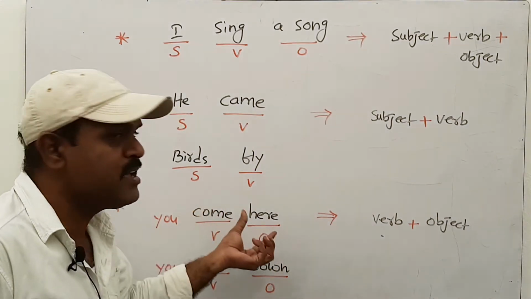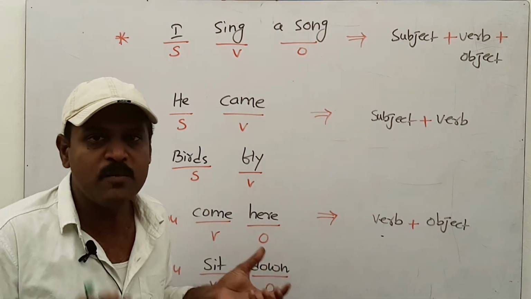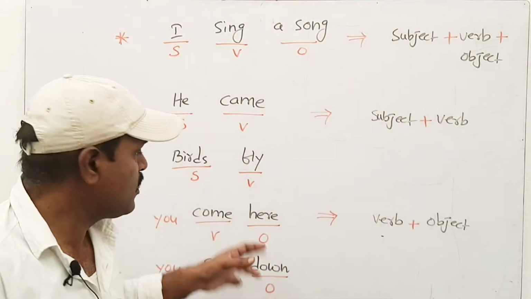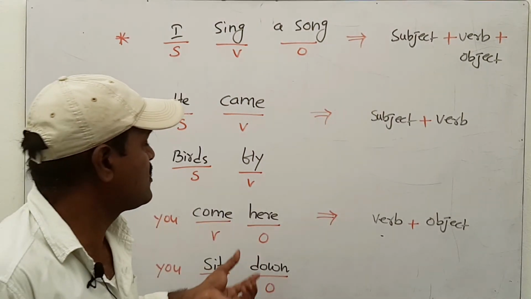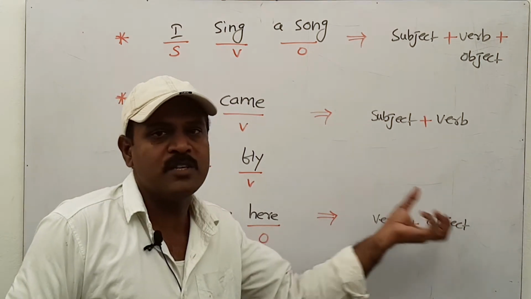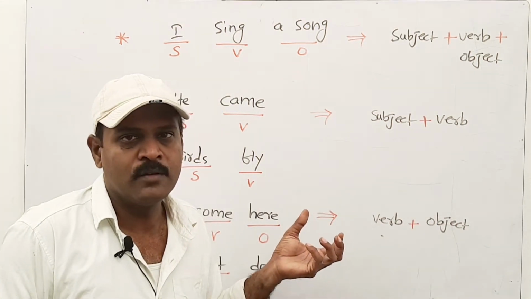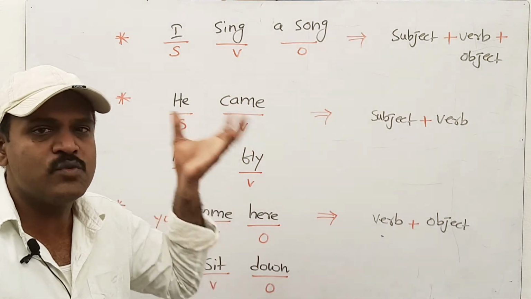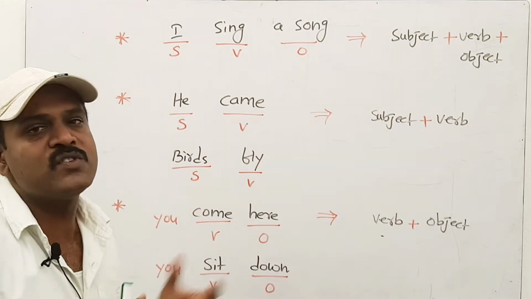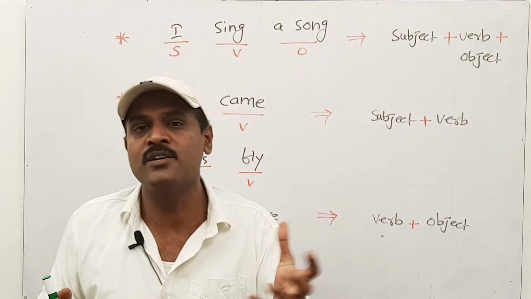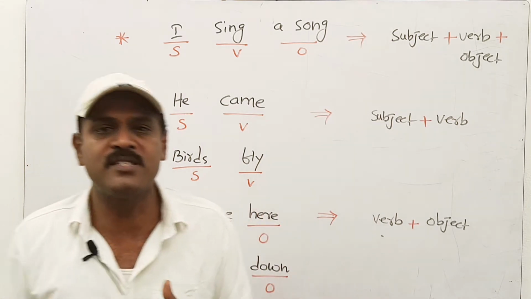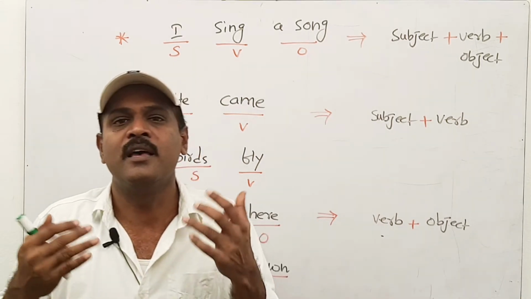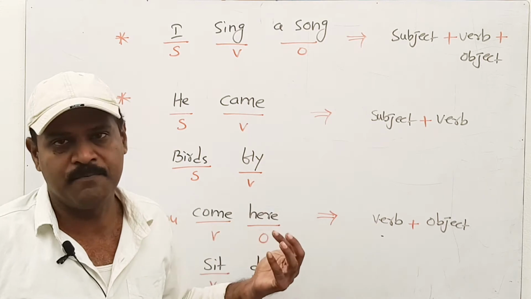That means come here means you come here. Sit down means you sit down. So in this way we can see the structure is verb plus object. Most of the sentences you can see in these kinds of structures. But actually in English we have up to 155 structures. Most of the structures we can use in this way.